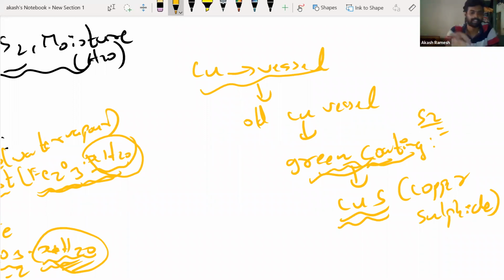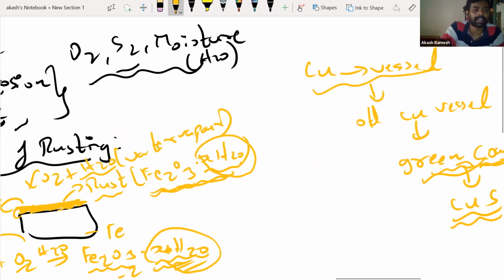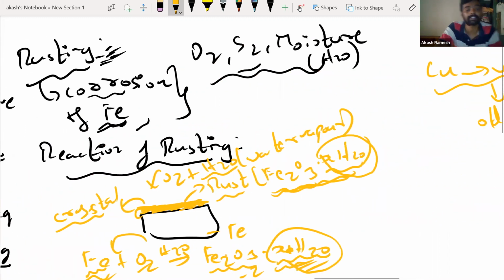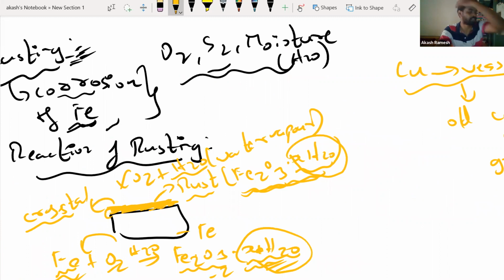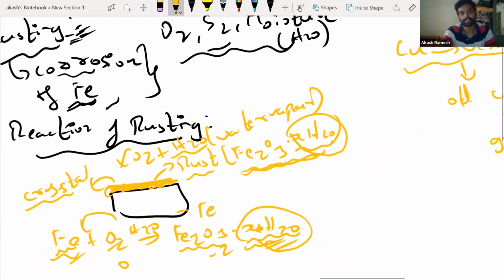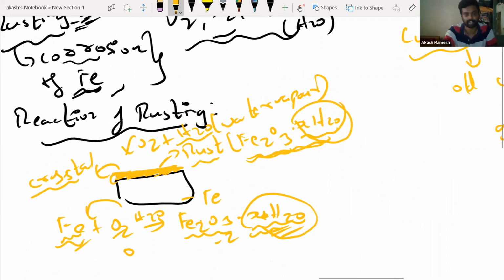Okay, fine. So these are the various examples of corrosion. And how do we come across it? There will be a lot of wastage. For example, iron is used in construction materials and so many other things.